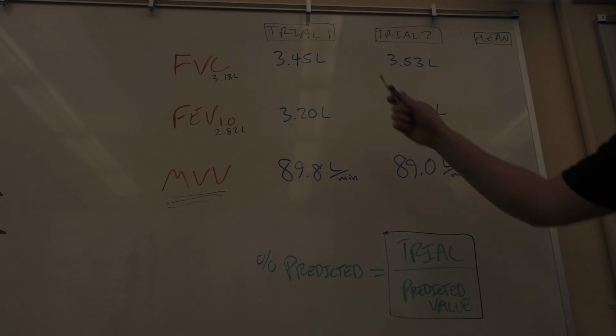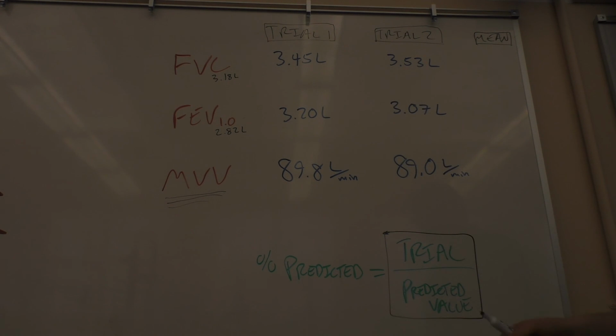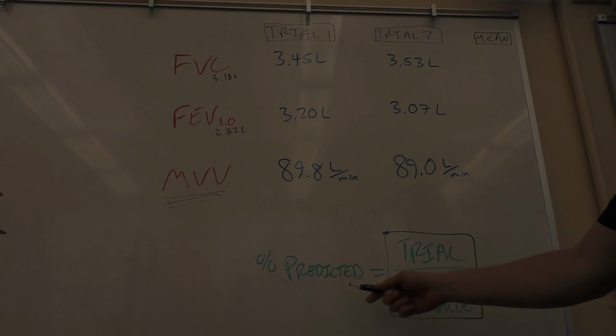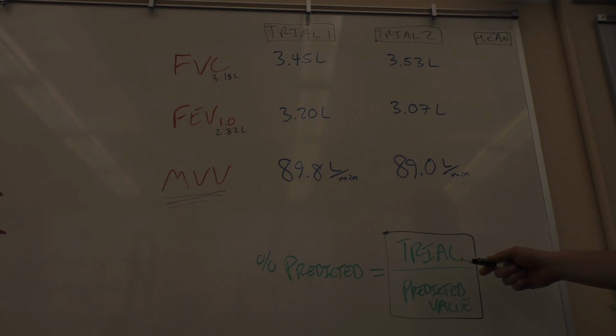In contrast, the FVC volume, we measured that, we're sure about it, there should be no doubt that that's what the volume is. On your data sheet, you'll see under forced vital capacity and under FEV1, there is a percent predicted for each trial. Very simply, to get the percent predicted, what you'll do is you'll take the trial value and then divide it by the predicted value.